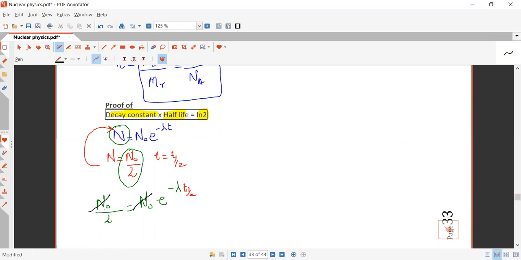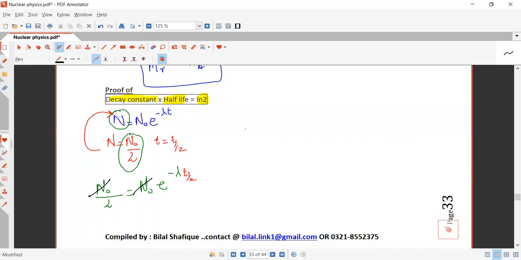Then N naught is going to be cancelled. So it's going to be half equals e raised to the power negative lambda times t half, right? If we reverse the exponents, it's going to become 2 equals e to the power lambda times t half, right?